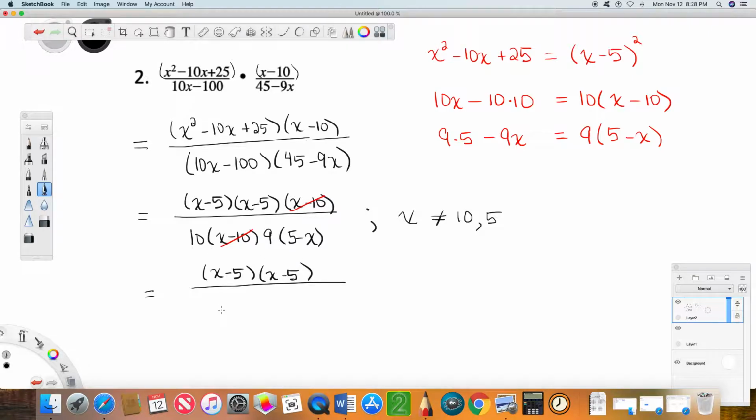And in the denominator, I have 10 times 9 times 5 minus x. But let's look at that 5 minus x. Oh, and don't forget, we have our restrictions. I want to think about 5 minus x. Let's come off to the side and look at 5 minus x.